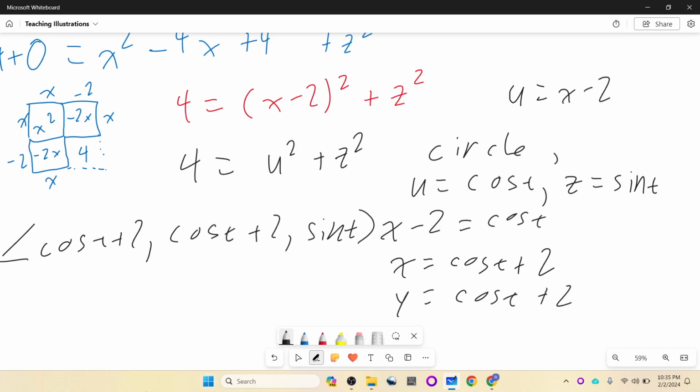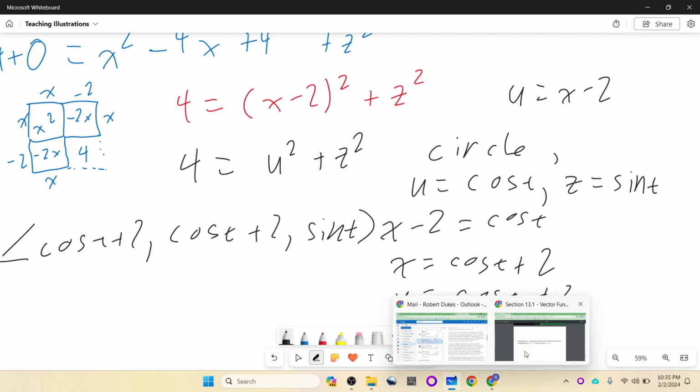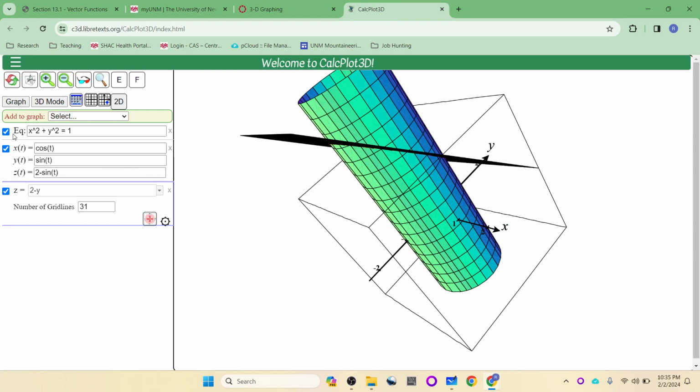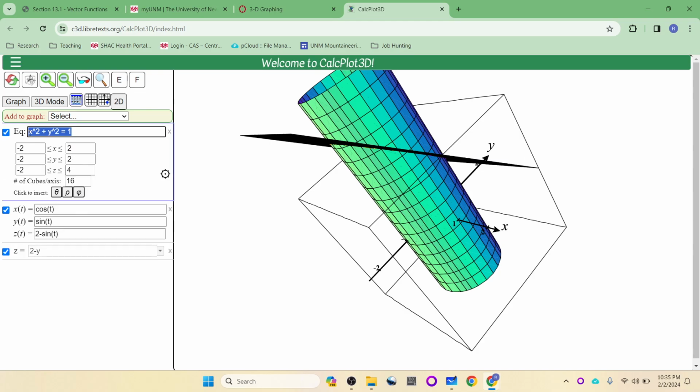Now let's go to the graph. Our first equation is implicit. Again, implicit means it's not stated as something like z equals 2x plus y. It's an equation.